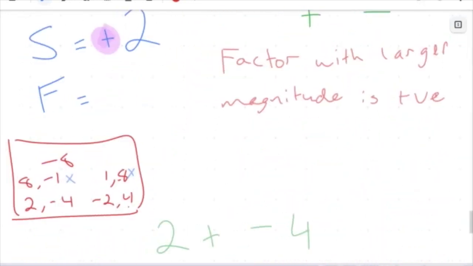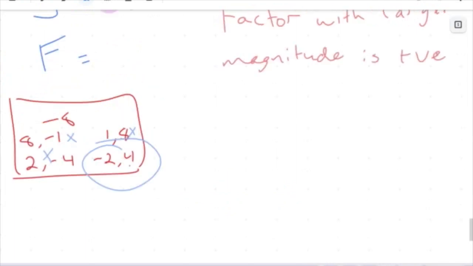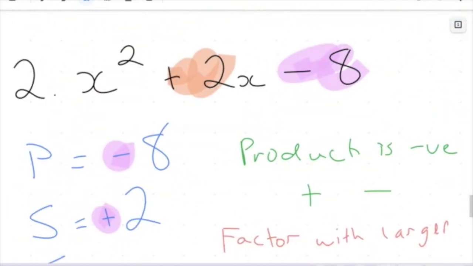So I can always look for these hints. That means I can rule out this one here. So the factors that I want to choose are negative 2 and 4, because minus 2 plus 4 gives me positive 2, and that is what I am looking for here.